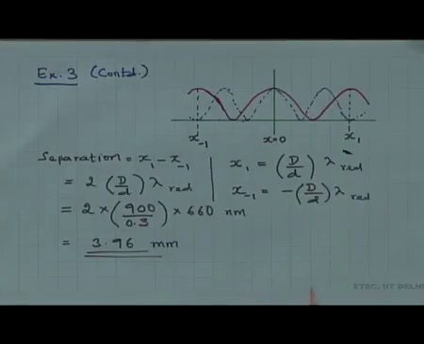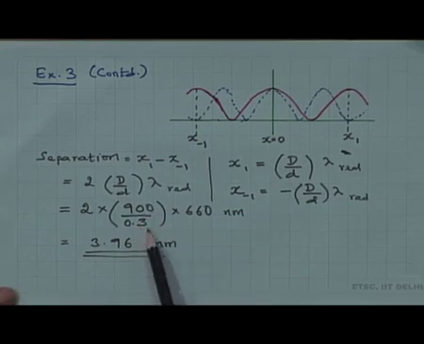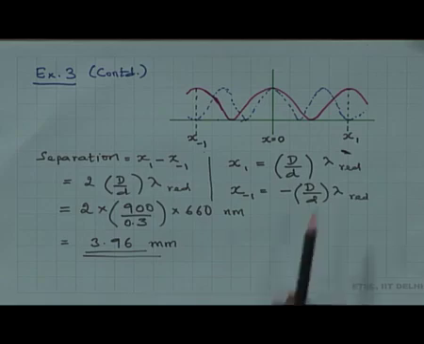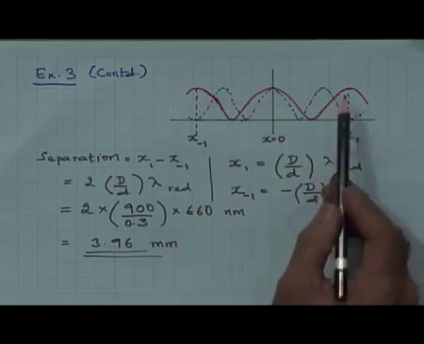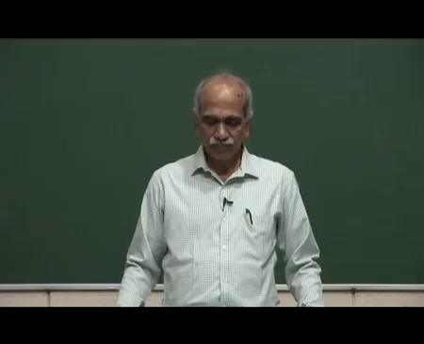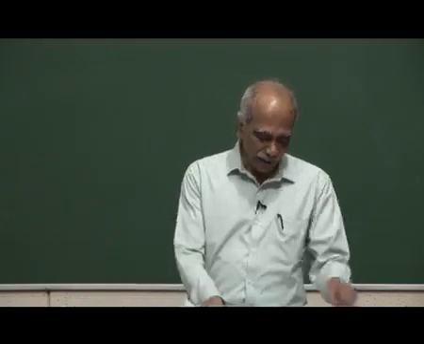So here we are: 2 into 90 centimeters, converted into 900 millimeters, divided by 0.3 millimeters, times 660 nanometers. So, we get 3.96 millimeters. The separation between the two bright red fringes is 3.96 millimeters. Let us take one more example with a different concept.